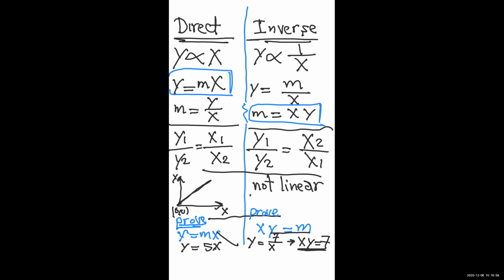Just prove that xy equals m. So if there is a relation like y equals 7 over x, this means xy equals 7, so y varies inversely with x. Okay, now it's the time for examples. One example on direct variation and one example for inverse variation.